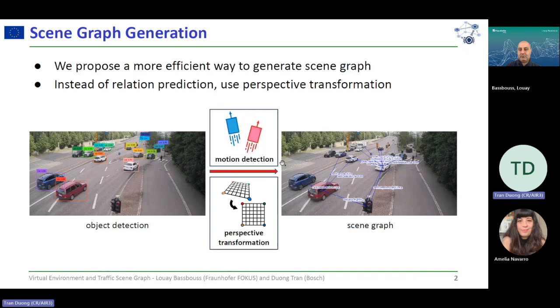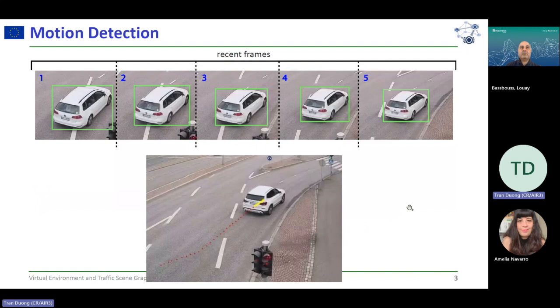The first is the motion detection, and the second is perspective transformation. For the motion detection, we need to match the same object between recent frames. Here we are seeing the same car in 5 recent frames, and by matching the bounding boxes, we can detect the motion track and the motion vector.